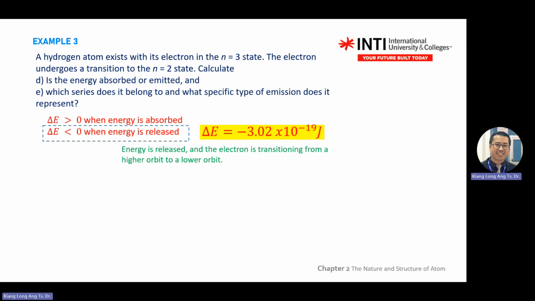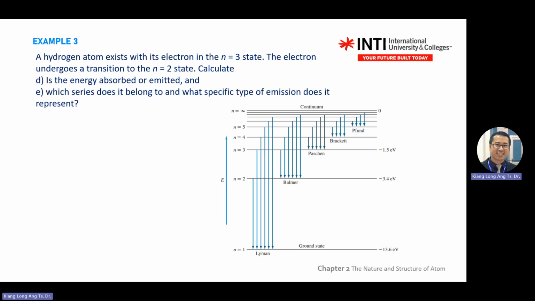It's the same thing. It's just different unit only. Only in the calculation just now in section B I mentioned, if you use Planck constant, make sure you use joule. That's the only difference. Okay. So what series? This one from 3 to 2 is a Balmer.